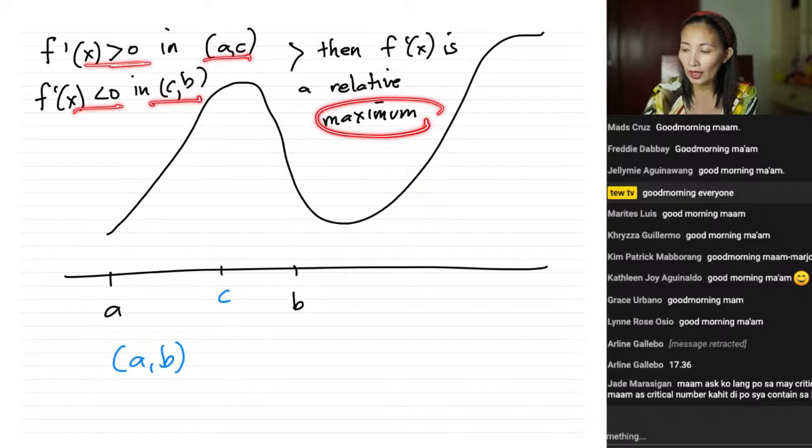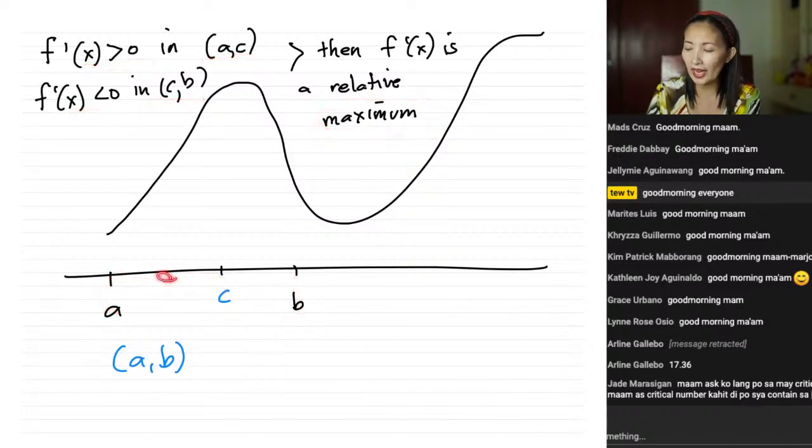You choose any x value in that interval, and if f prime of x is positive and then negative, that means relative max.